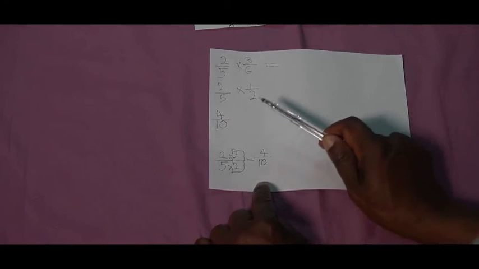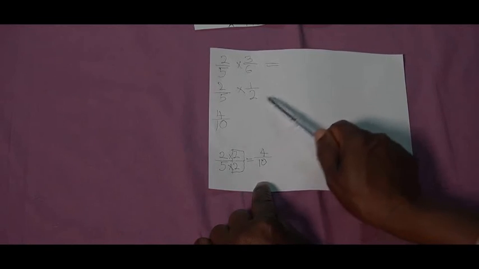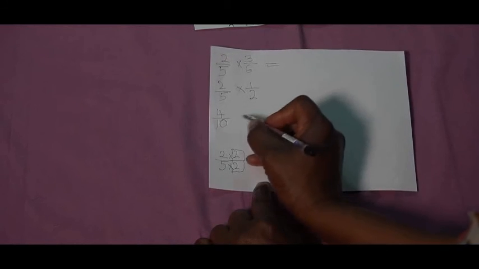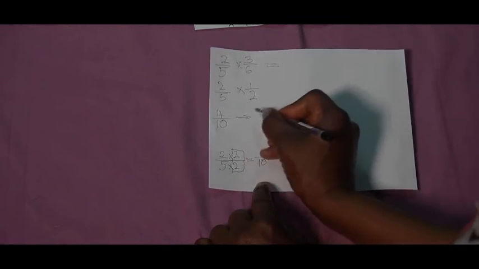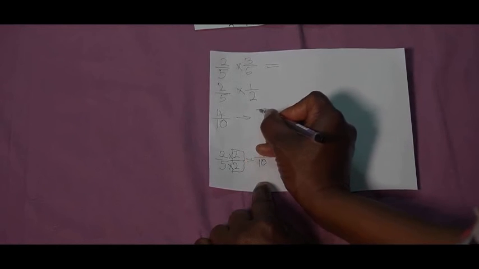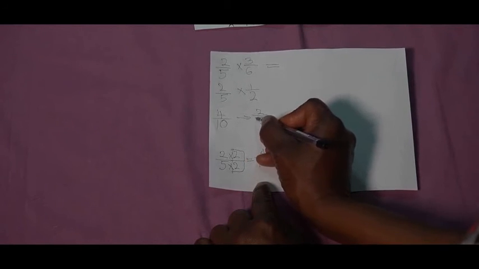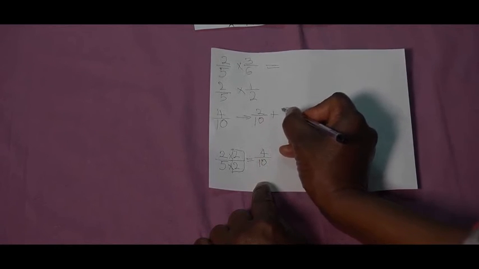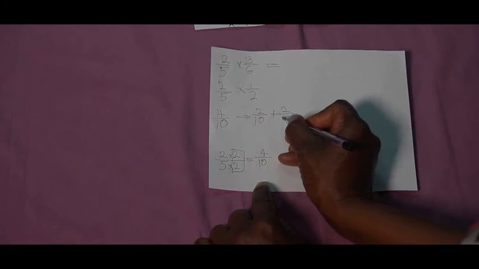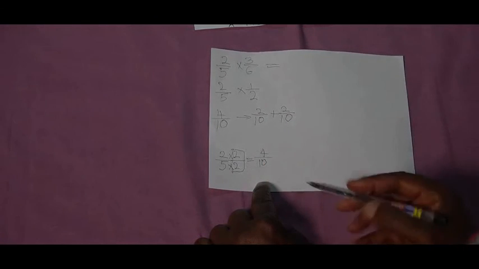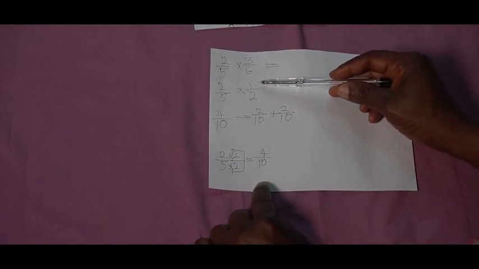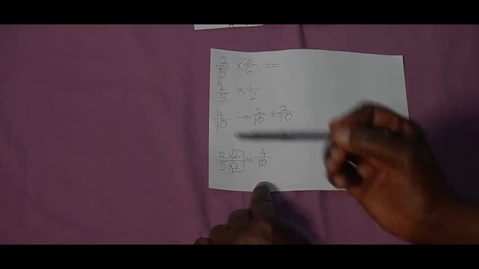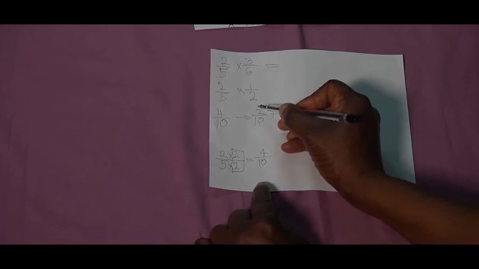Now the multiplier is telling me that I need to make 2 groups out of my 4 tenths. So I'll go ahead and do that. That will be 2 tenths plus 2 tenths. And the numerator tells me how many of the groups I'm supposed to take. So I'll take just one group.